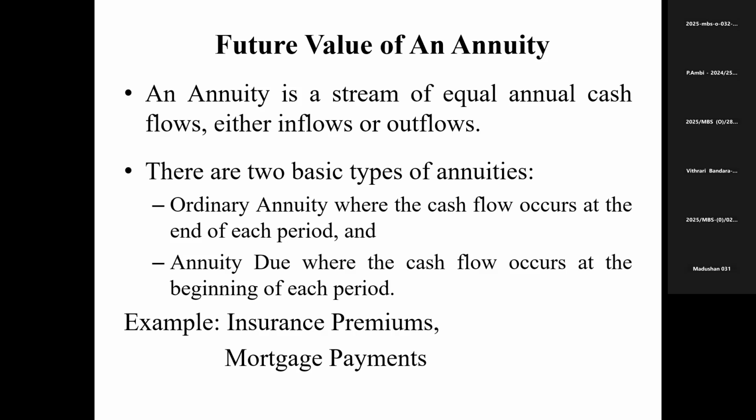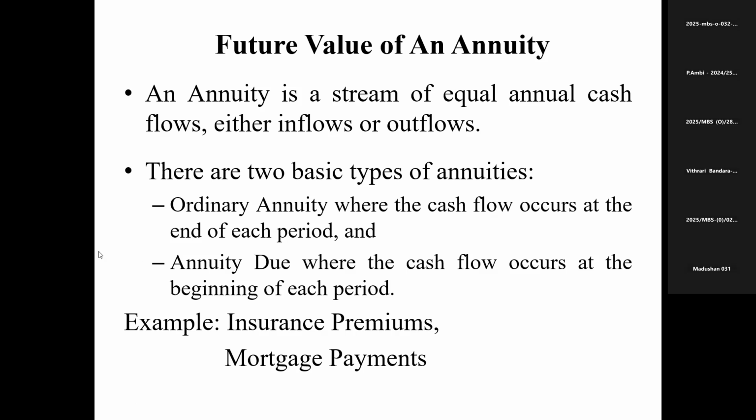So what is the difference? Normally for businesses or companies, cash flows occur, either payment or receipt, at the end of the year or end of the period. So cash flows occurring at the end of the period is called ordinary annuity. This is common. Most payments and receipts of cash flows are at the end.